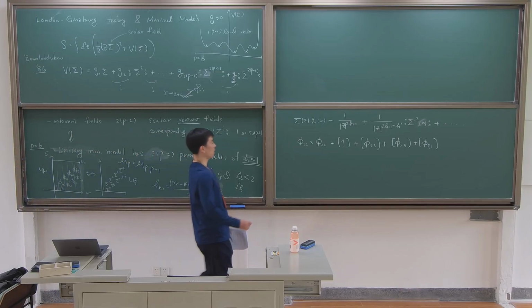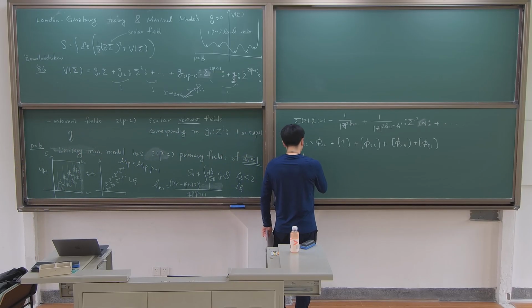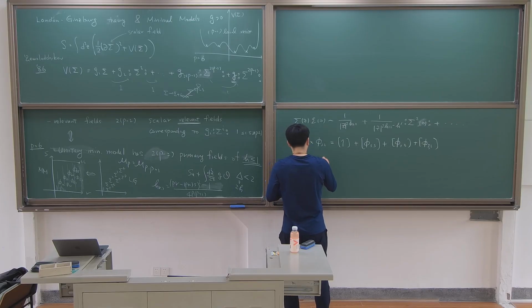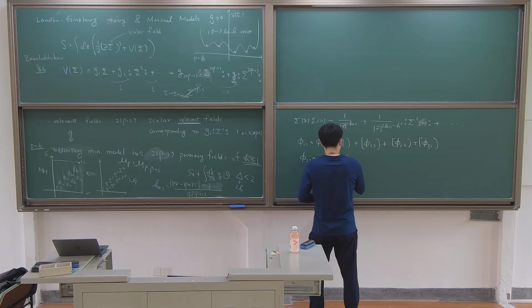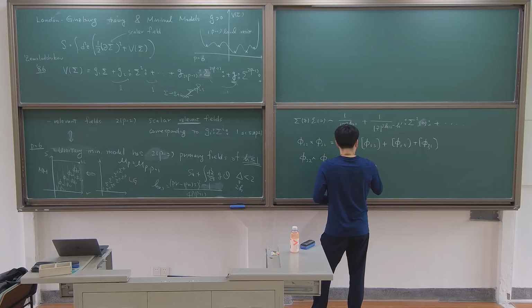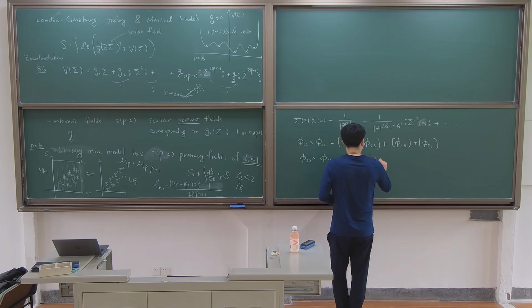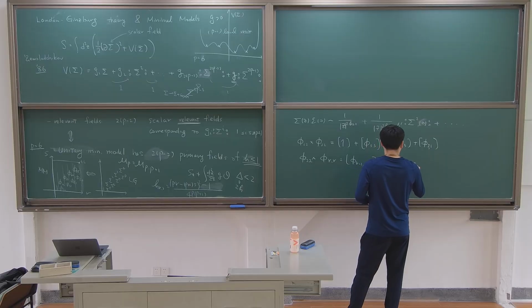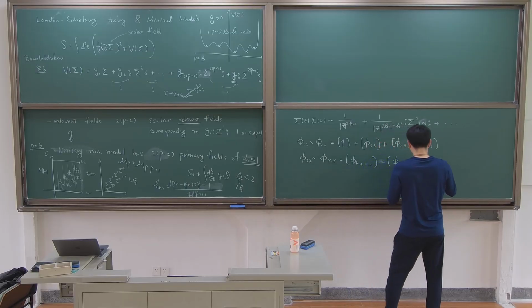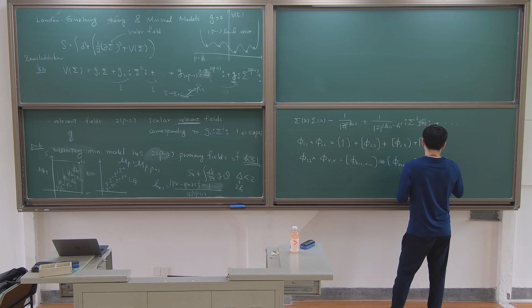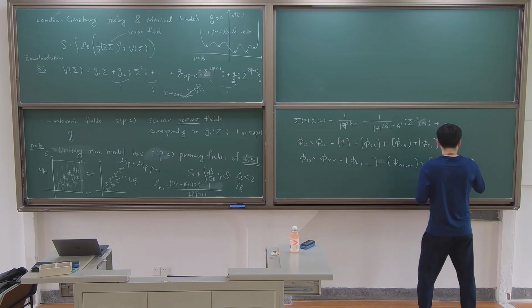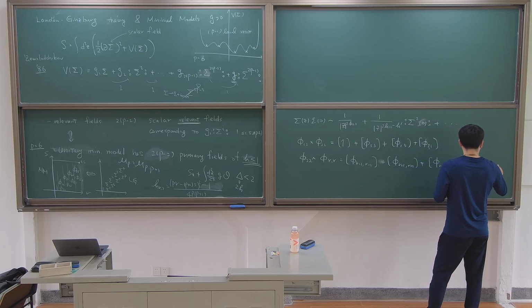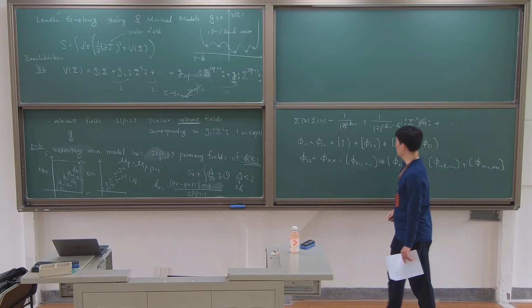And if you just do the computation of this cross phi r, what you get is phi r minus 1 plus phi r plus 1, and then so on. Like this. Okay.